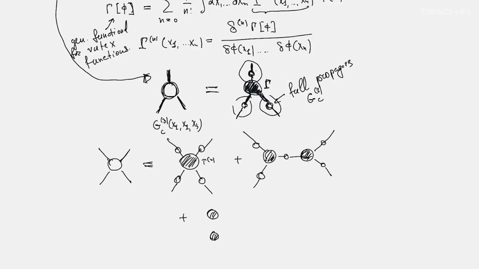Gamma 3 here, another gamma 3 here, which are reconnected and dressed back by means of full propagators. There will be one more graph. In fact, these graphs correspond to the S, T and U channels.